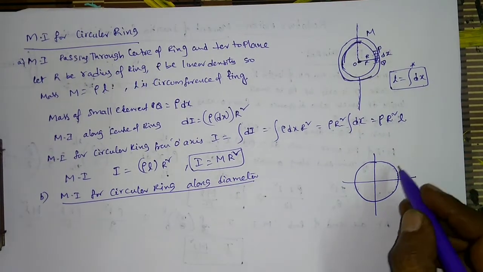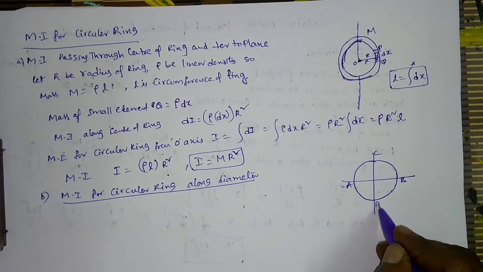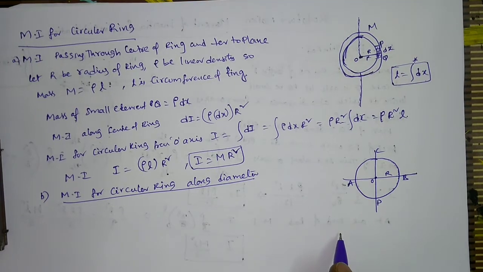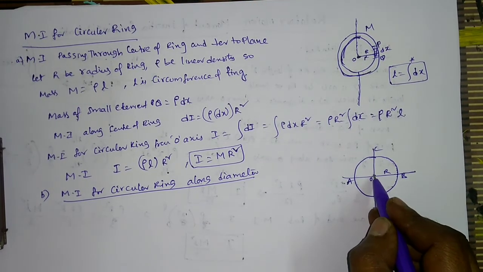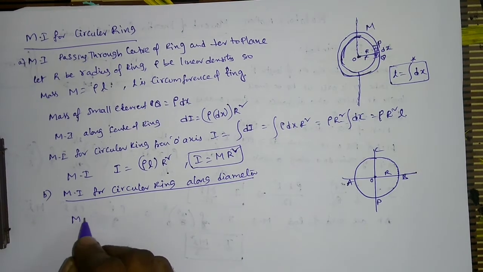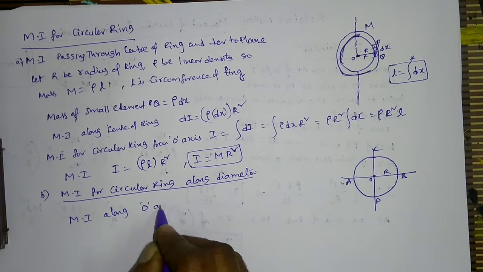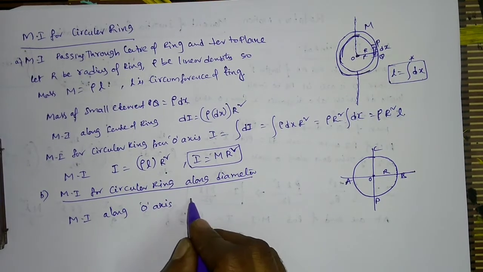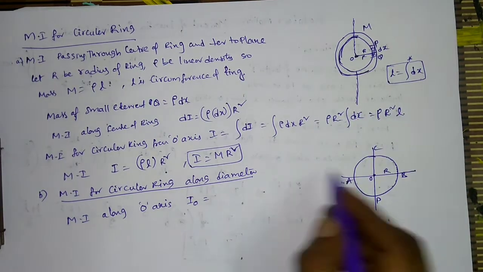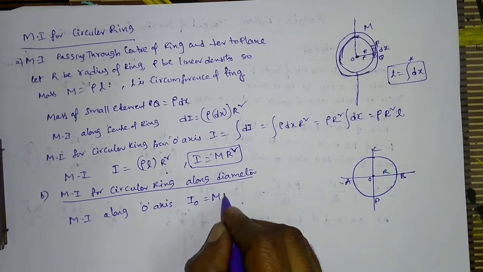Here I am considering AB as one diameter and CD as the other diameter, with the radius as usual and the center will be the O axis. As we know, the moment of inertia along the O axis, simply I O, passing through the center and perpendicular to the ring, is nothing but mr square.